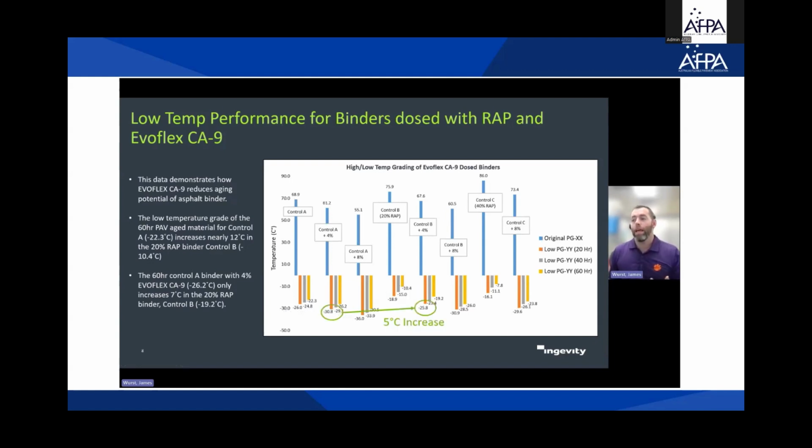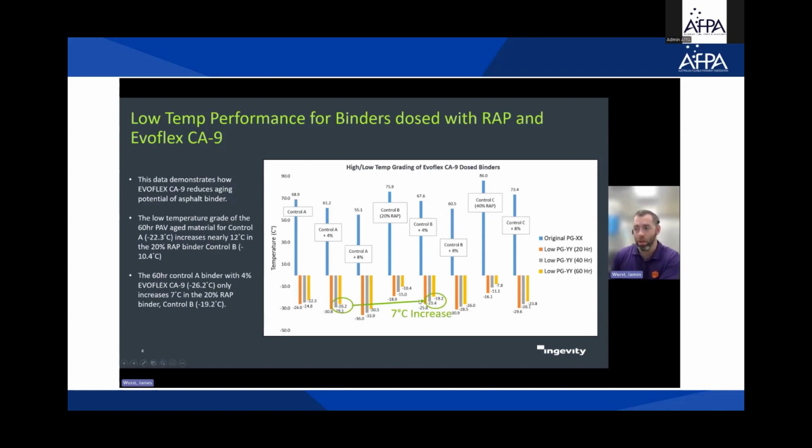When we add 4%, in this case of CA9, you see in this example it is slightly softer out of the gate. It's 31 instead of 26. So it initially softens it, but you see a 5-degree increase when you add the RAP binder instead of a 7. So it's not aging quite as quickly initially. But where we really see a big bang for the buck is with the increase in stiffness with aging.